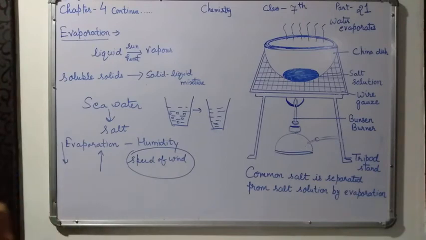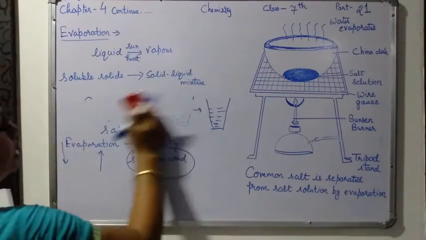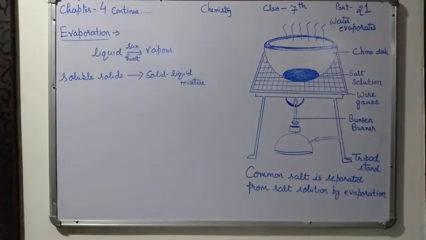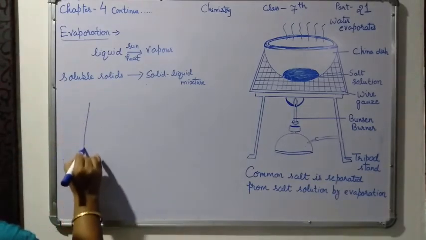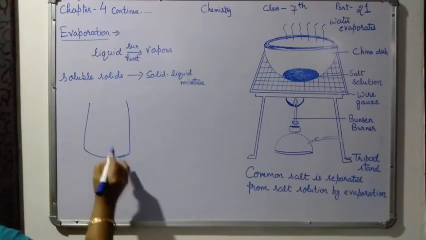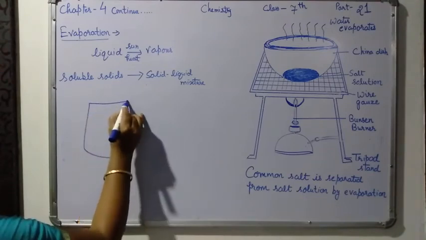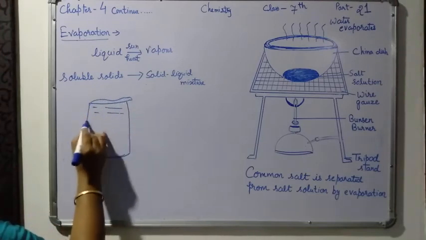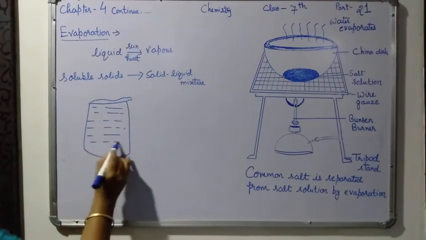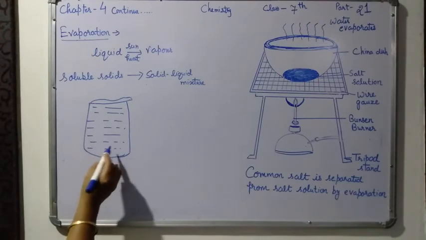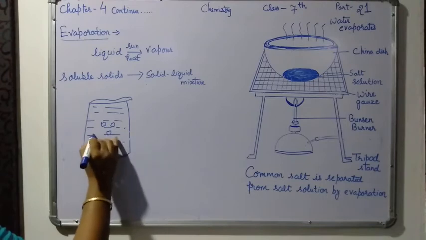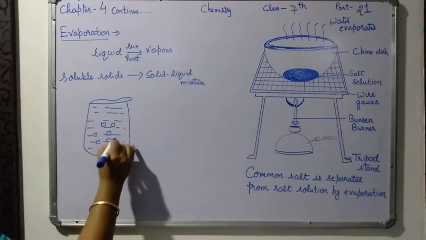So what you have to do, you have to take some water in a beaker. Suppose this one is a beaker. You have to add some common salt in it and dissolve it.